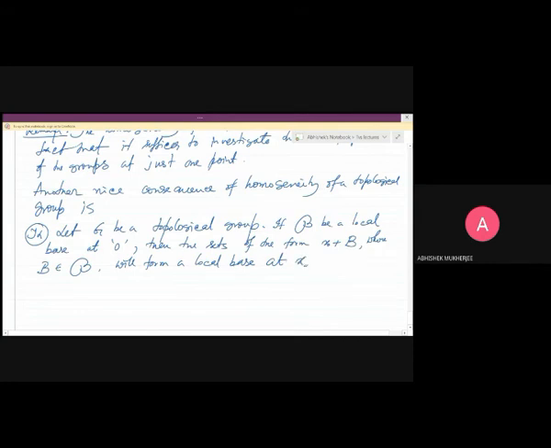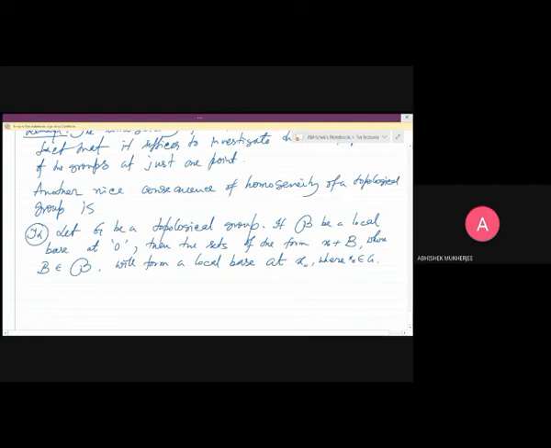So if curly B be any local base at 0, where x naught belongs to G be any point, then if you just translate those neighborhoods to x naught, that is x naught plus b, they will form a local base around x naught.